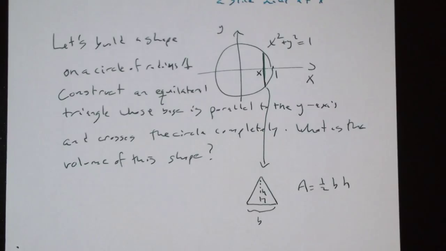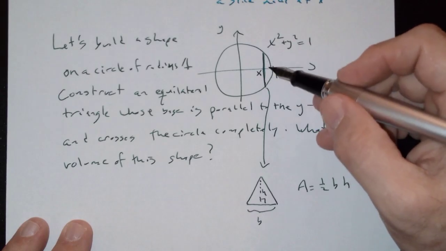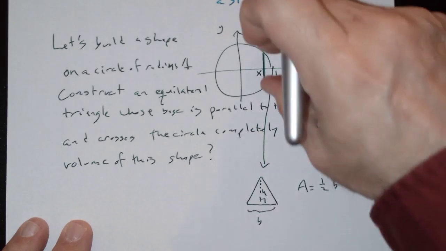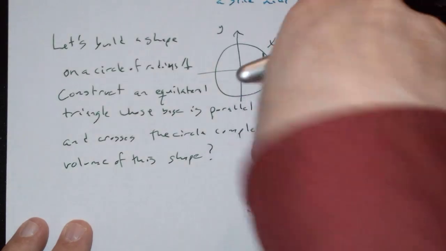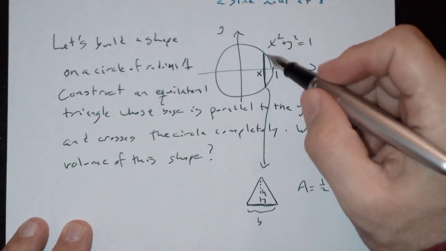What's the height? Oh, wait a minute. The base here, that's the length of this little line segment, isn't it? I took this triangle out and laid it down. That means this piece right here is this line right here.